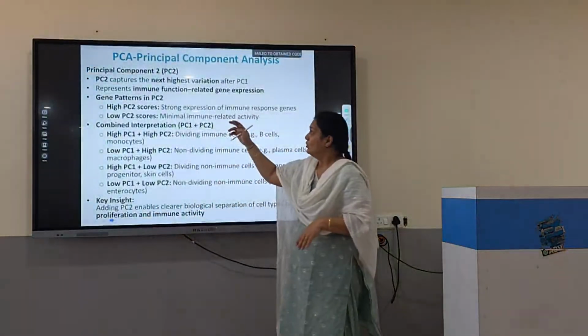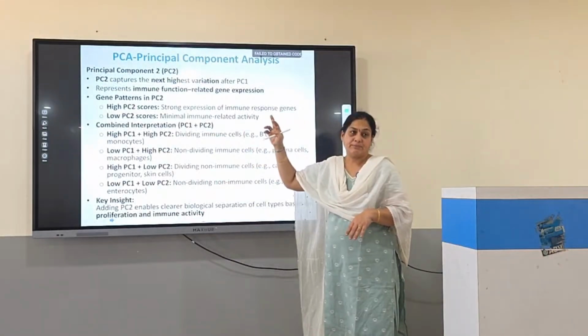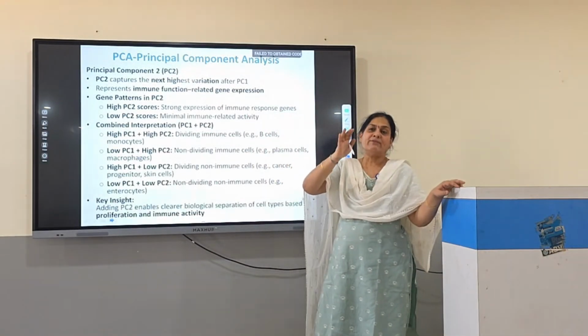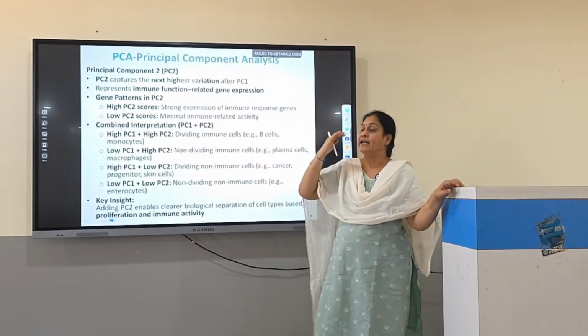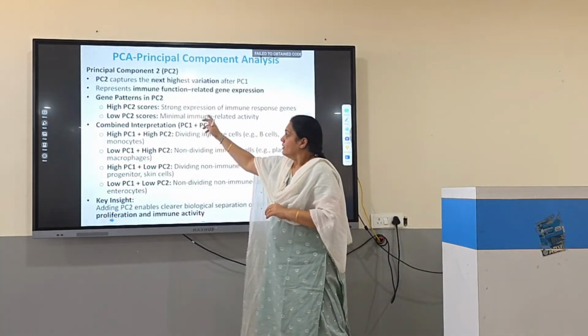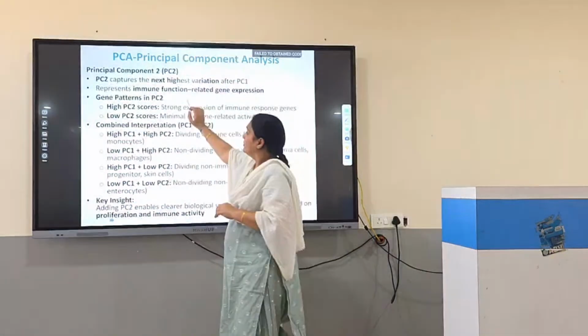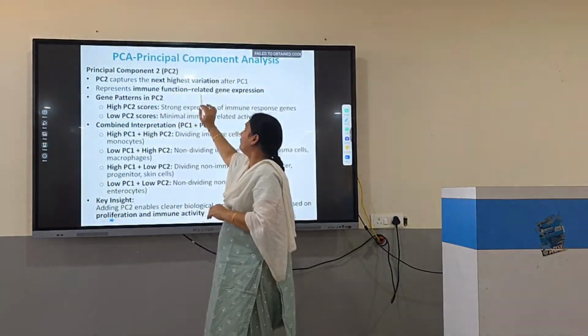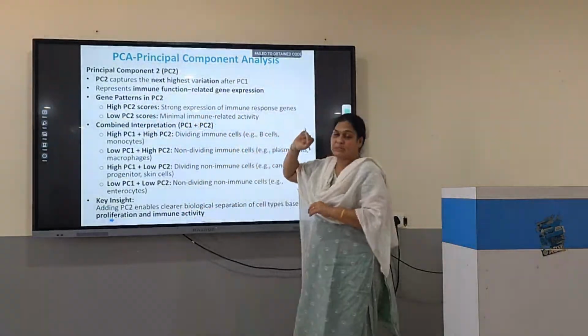So PC2 captures the next highest variation in your entire data set. PC1 is capturing to some extent, the next highest is captured by the PC2, and so on. In our example, PC2 is capturing the immune function related gene expression.